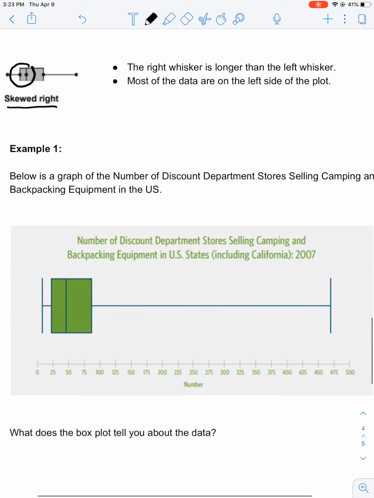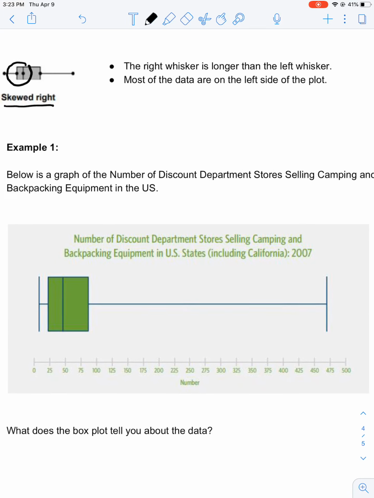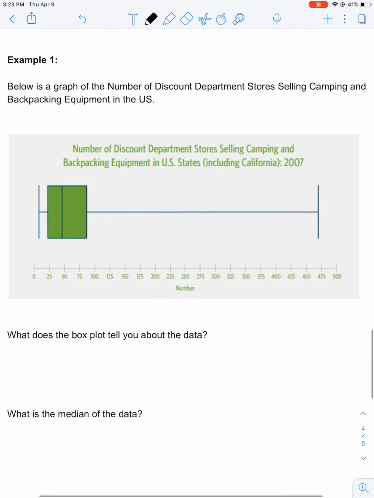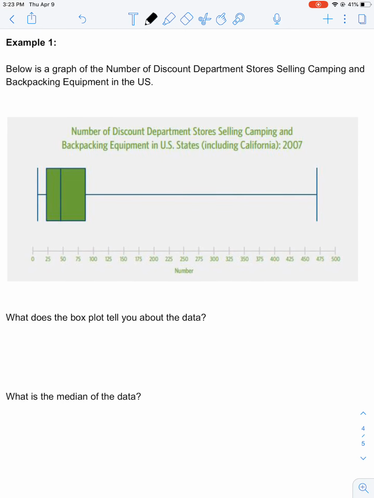Okay, so now, if we're looking at our example, so for example 1, we have below is a graph of the number of discount department stores selling camping and backpacking equipment in the U.S. Well, what does the box plot tell you about the data?